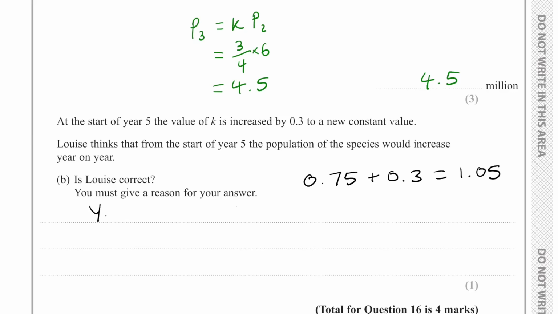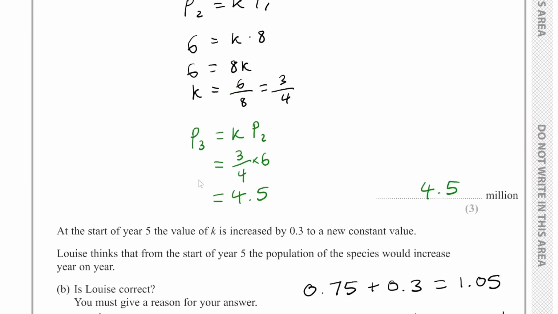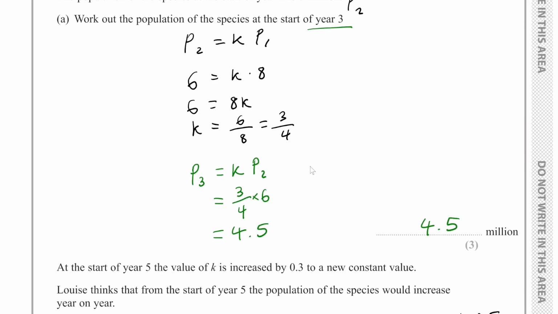So yes, Louise is correct because K would be greater than 1. If you multiply by something bigger than 1, you increase the number. So multiplying by 1.05 is the same as adding 5% on each year. Multiplying by 0.75 is the same as taking 25% off each year.